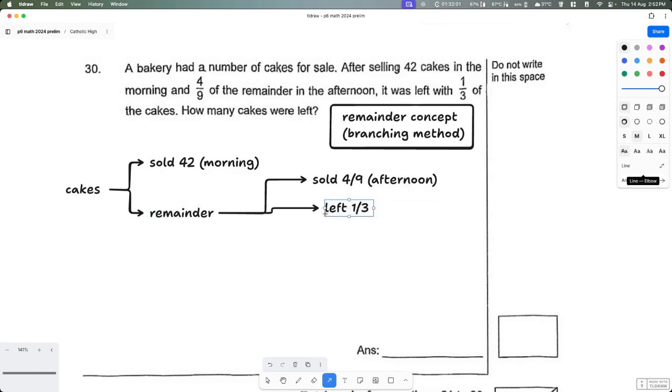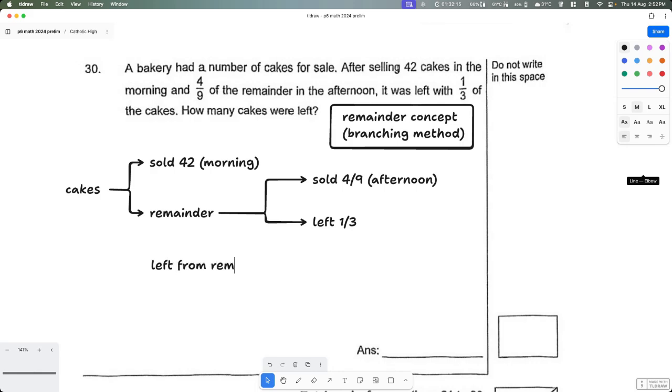Okay, so now how do we solve this? Okay, so basically from here we know that the left from the remainder is basically 1 minus 4 out of 9, which is 5 out of 9. Okay, so we sold 4 9 of the remainder, we are left with 5 9.